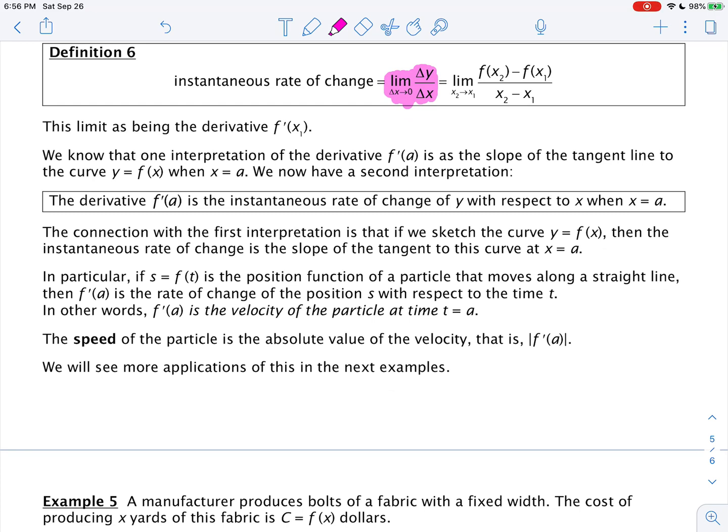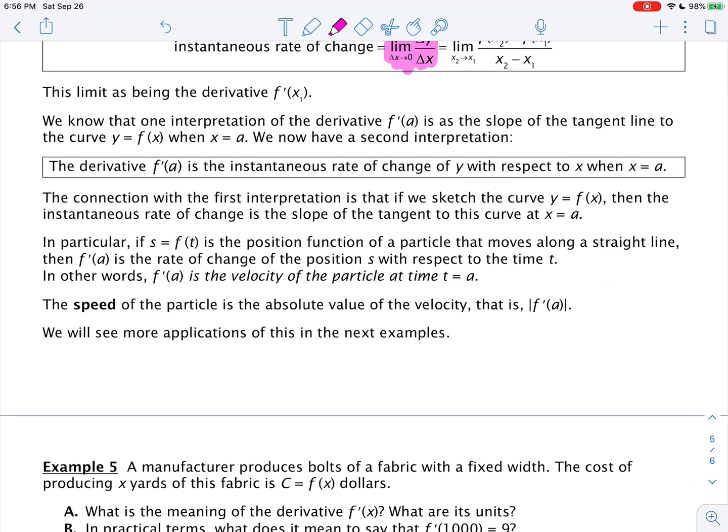So remember, just as in that example, and we're going to use motion as a lot of our examples here because this is calculus for engineering students. Notice that velocity is the derivative of the position function.